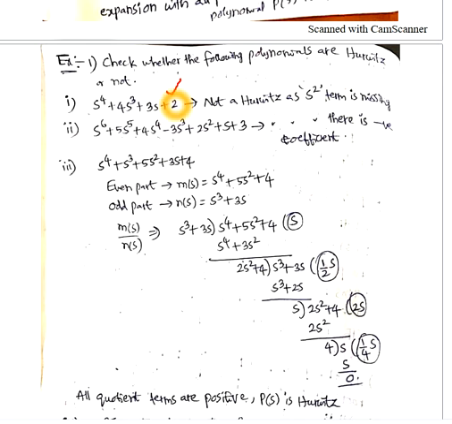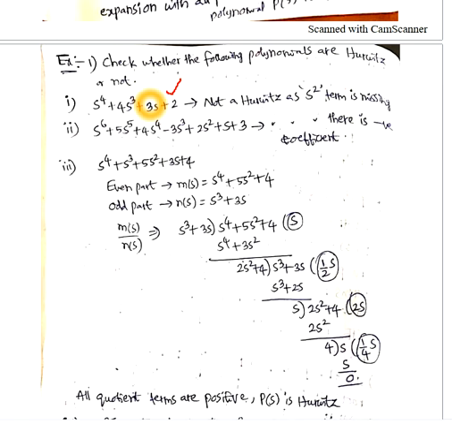But if you see, there is one missing term in between, that is s square. 4 is there, 3 is there, but the s square term is not there. And s square is an odd degree or even degree? It is square, so it is an even degree term.